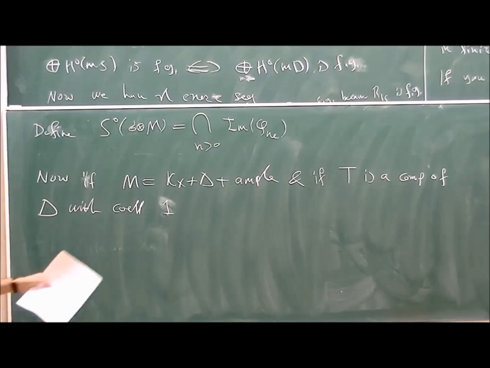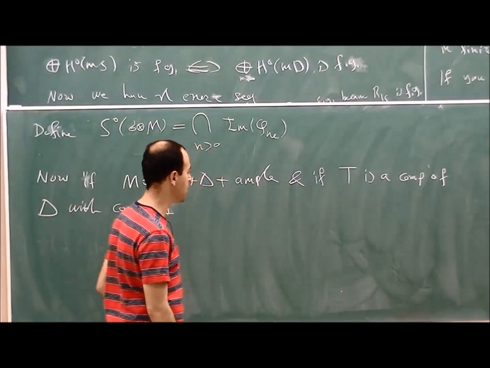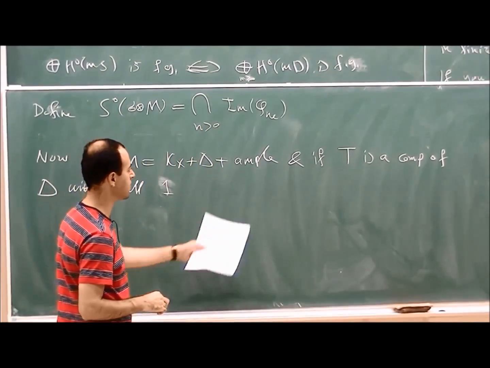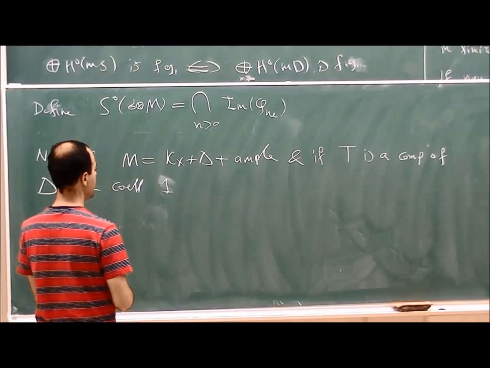There is a more general thing. Let's say T is any so-called center, but for simplicity, let's just take one component with coefficient 1.